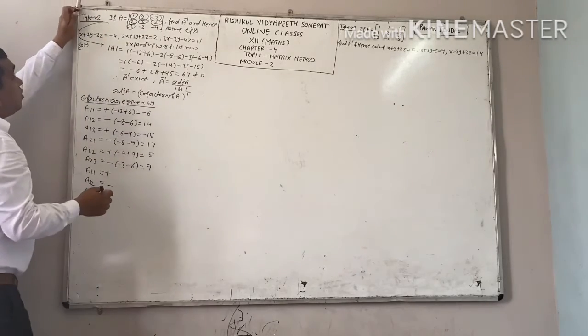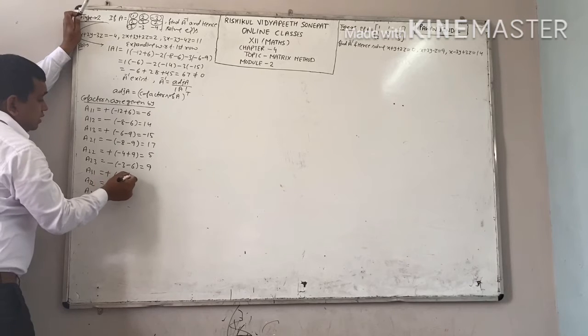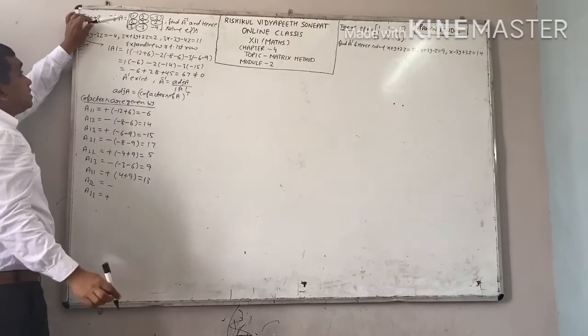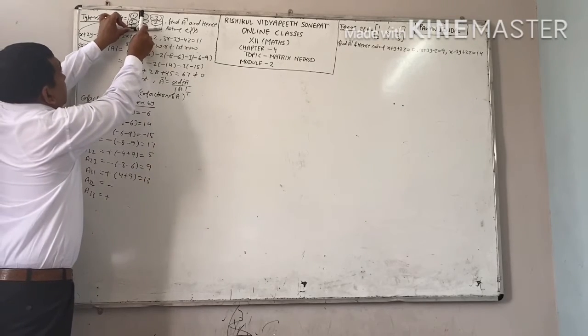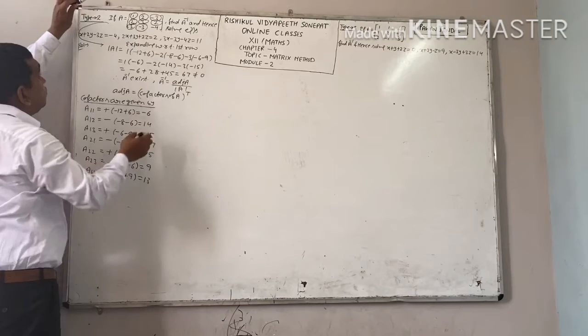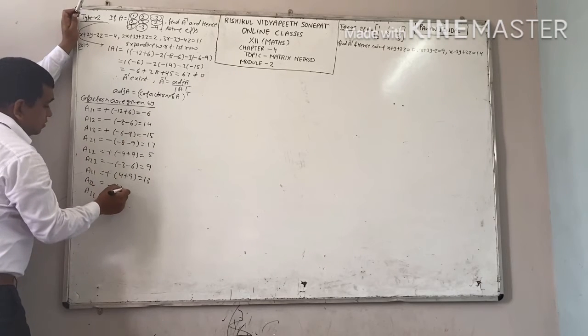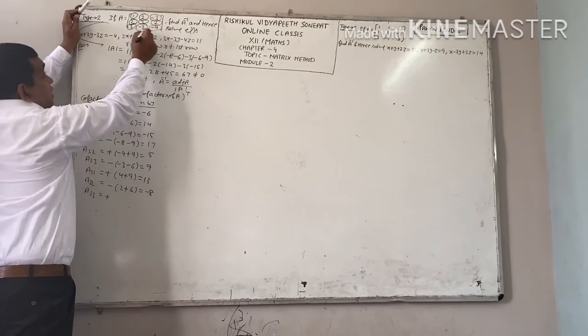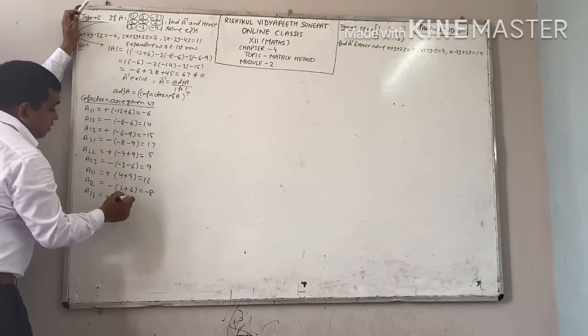You will get 4 plus 9, 13. Now A32, again you will cancel horizontal entry and vertical. It is your 2 plus 6. This is your minus 8. And last A33, this cancel, you get 3 minus 4.